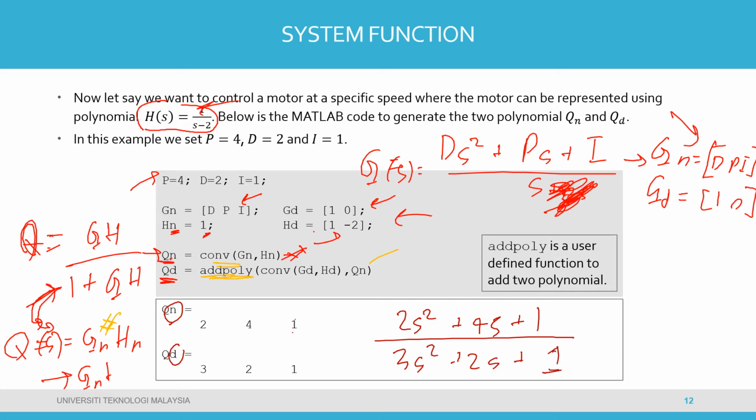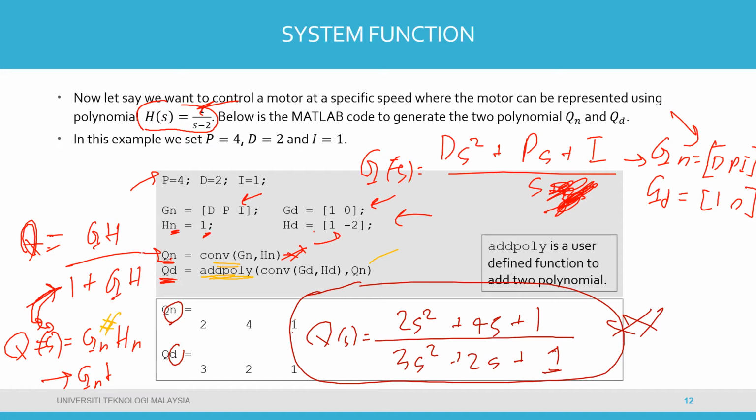So Qs is basically the overall system. This is how you determine the response of the system. That is basically how to solve the system function. So make sure you know how to do this.